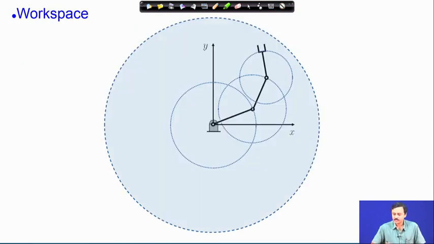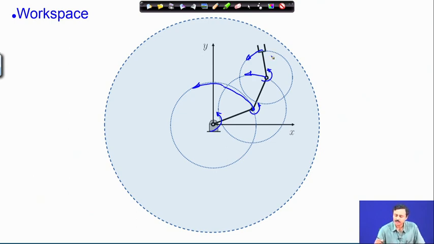Next, we look at the workspace. If all the revolute pairs can rotate completely, then we find that this revolute pair can go on this circle, this revolute pair can move on this circle, and the end effector can rotate. So, these are the three revolute pairs.